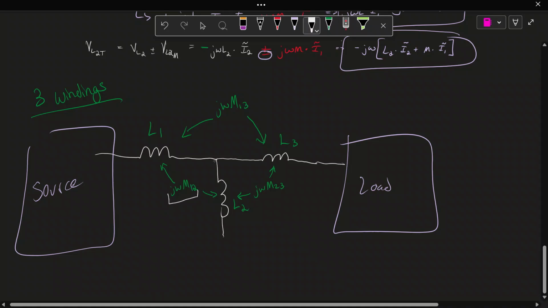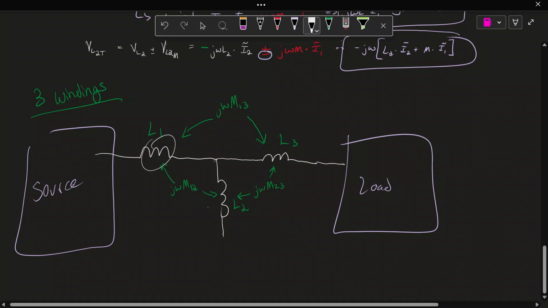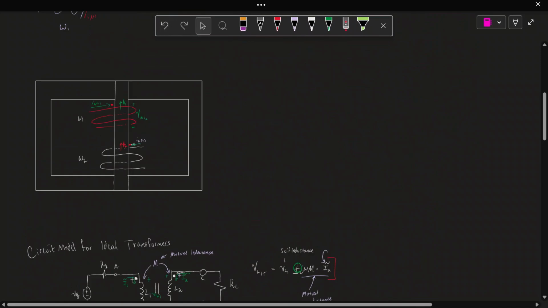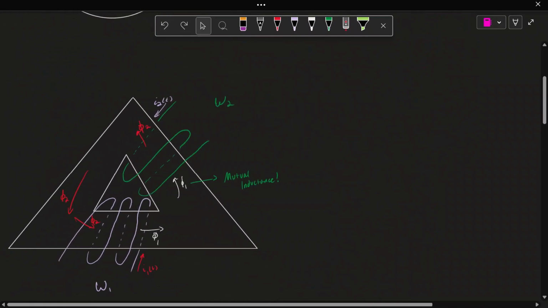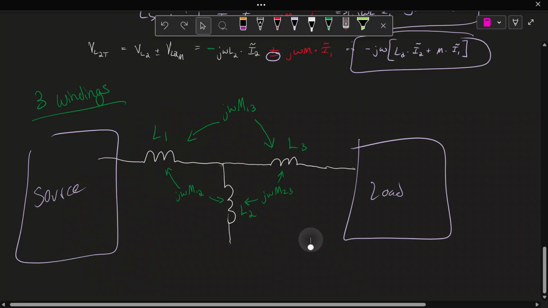So this will be the mutual inductance that 1 feels from 2. So it'll be like the flux that 1 feels from 2. Same thing up here. Let's say this was 1 and this was 2. M12 would be the flux that 1 feels from 2. So that's one way you can think about that.